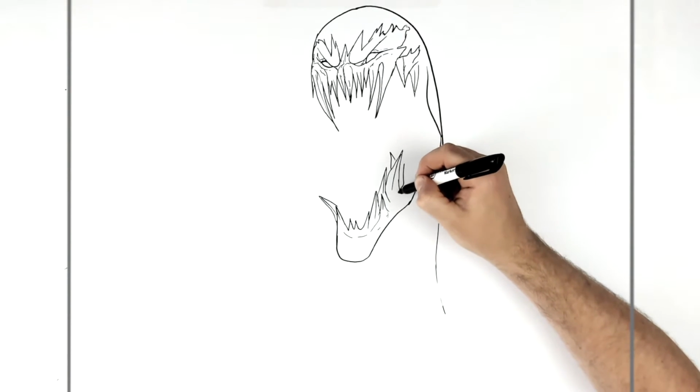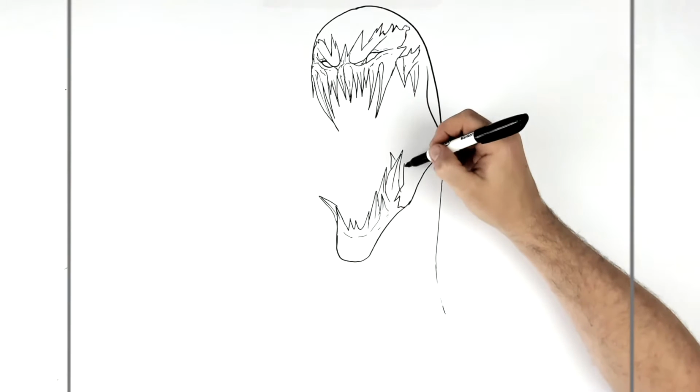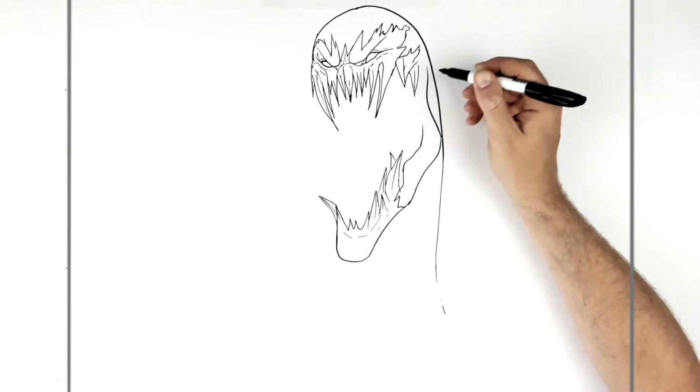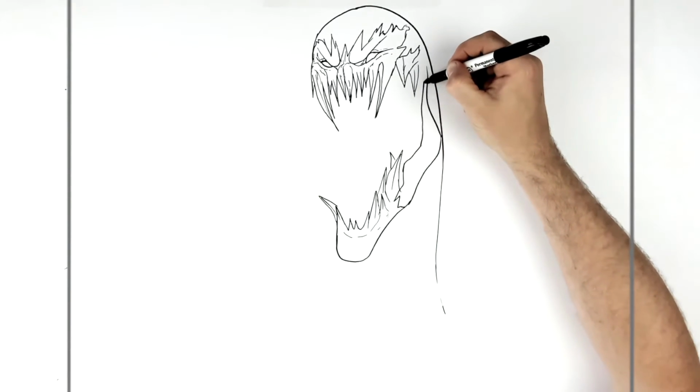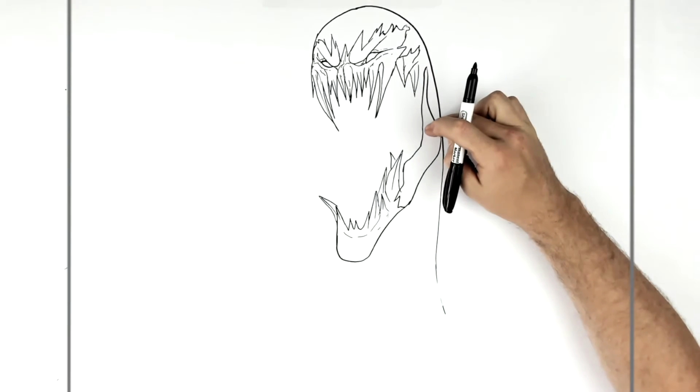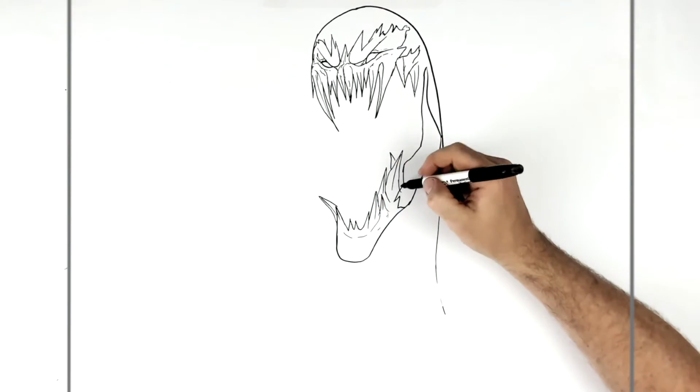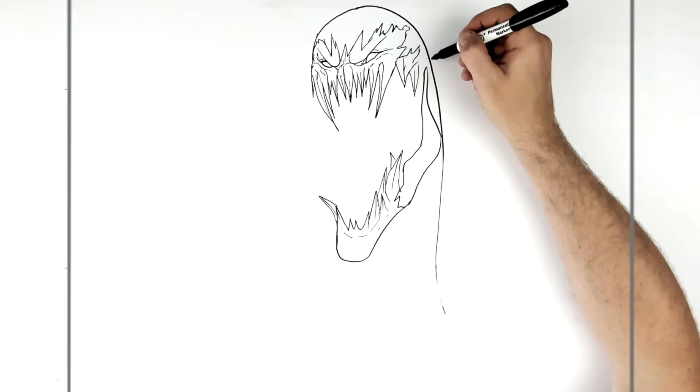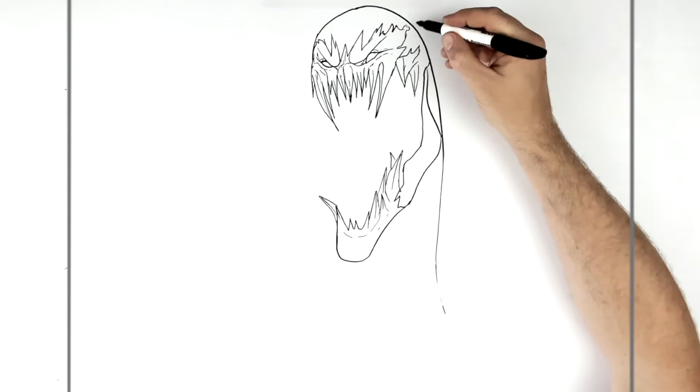There's a black and white separation here. So this is white skin and black skin. This is white and in here is black, right? So you have to draw that in to separate the parts.